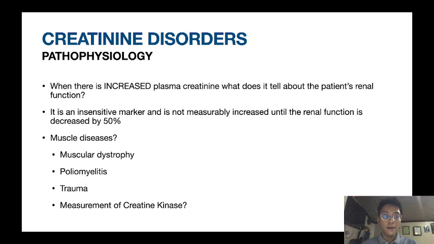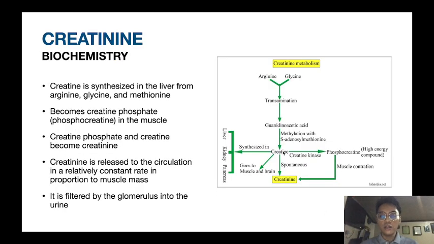Okay, get it guys? Then next, why is there measurement of creatine kinase? You have seen the term creatine kinase or the CK, right? The CK will convert creatine to phosphocreatine or creatine phosphate. This is creatine kinase, which is also found in the muscle.